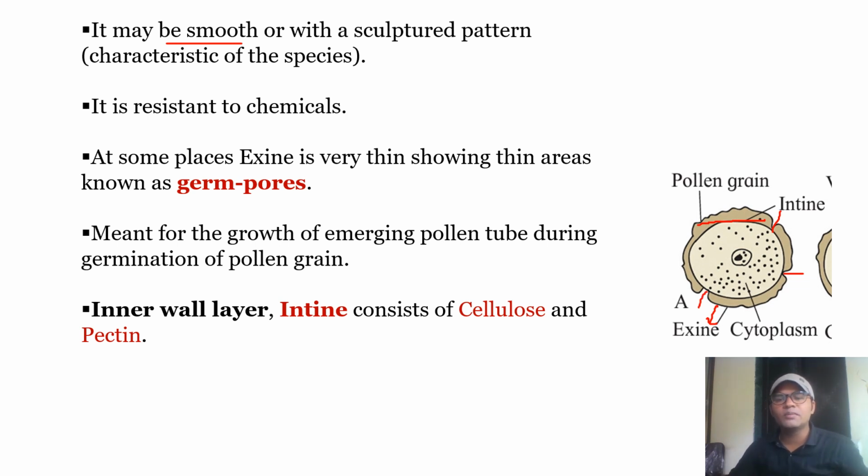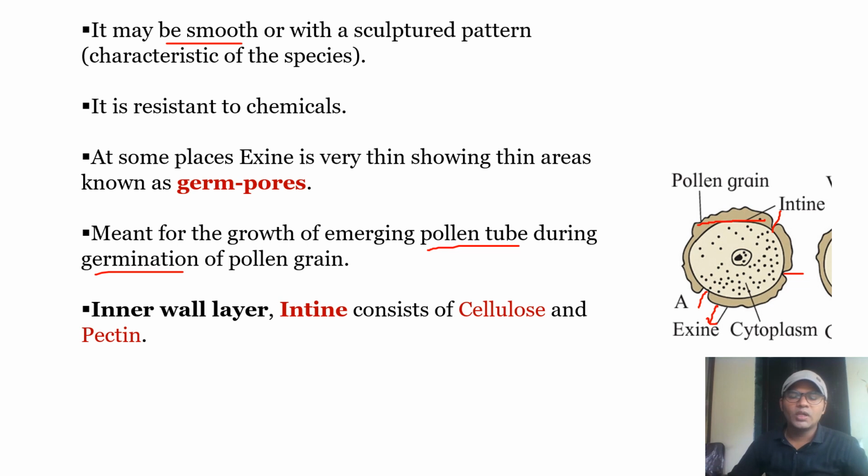At these intervals it becomes thin and forms germ pores, and these germ pores are responsible for emergence of the pollen tube during pollen germination. So remember, exine, germ pores.